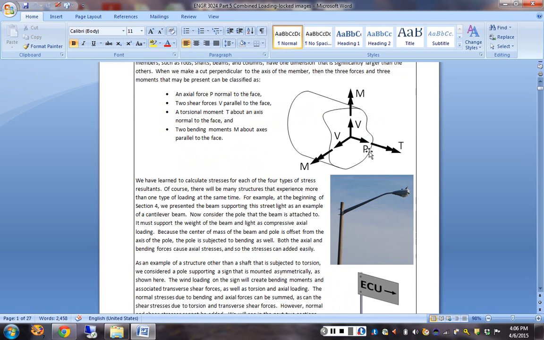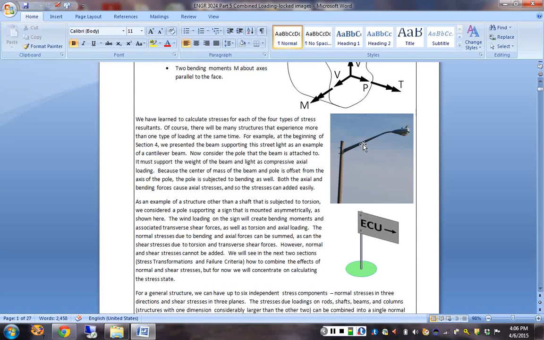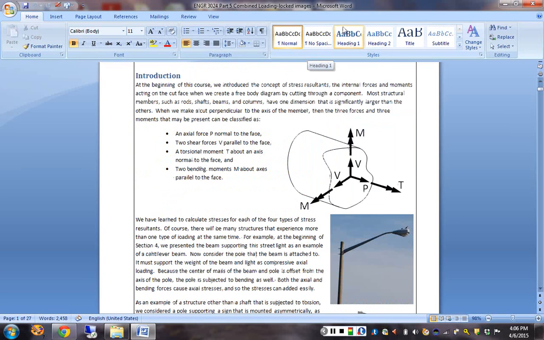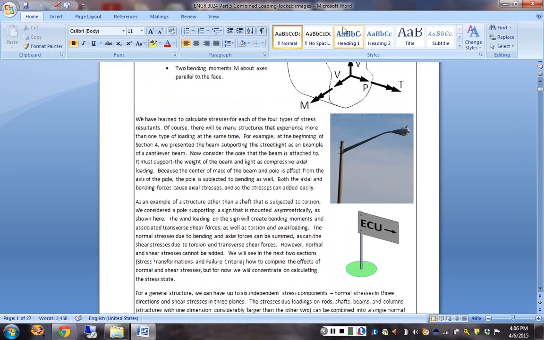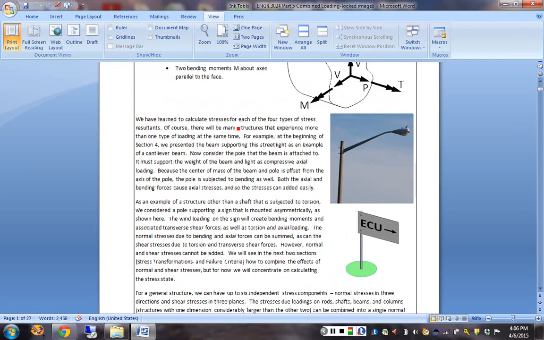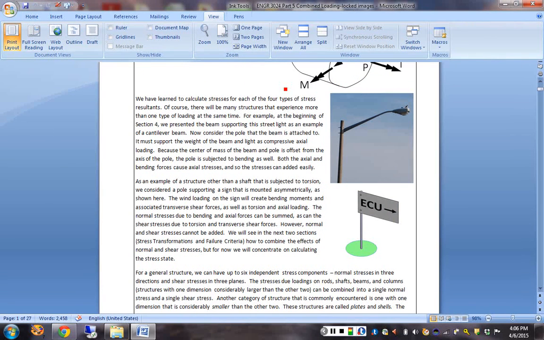So when we now start thinking about things in this combined loading or overall sense, like this structure here with this bird sitting on a light pole, it's got bending loading.